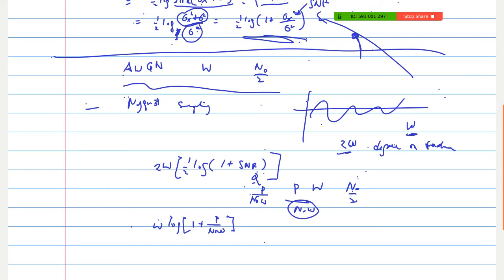I always get confused with this, but I believe it's correct. Either you miss a 1/2 or a 2, depending on how you define the two-sided band and so on. Honestly, it's quite complicated and not very interesting, but I believe this expression is correct.